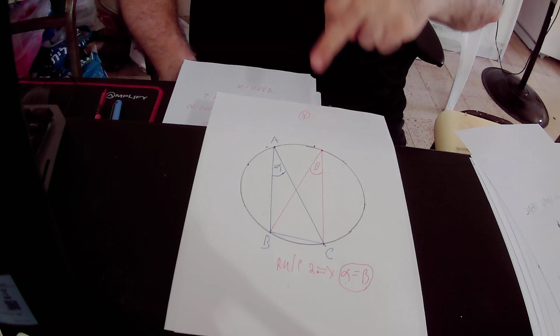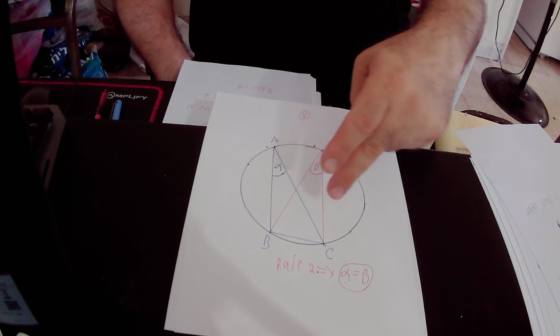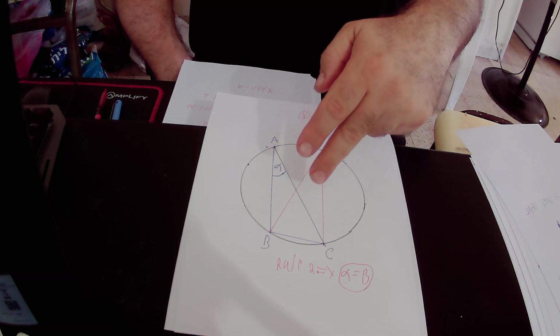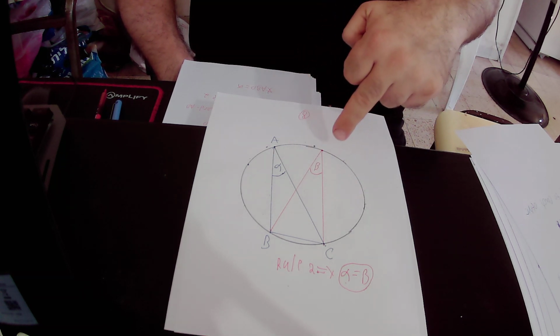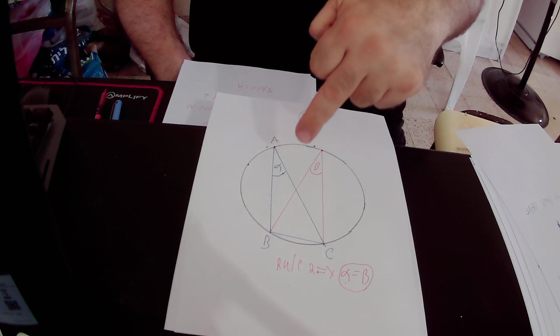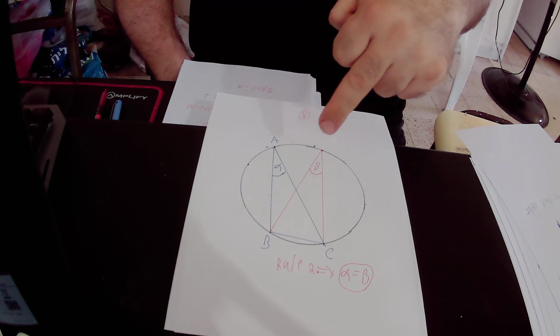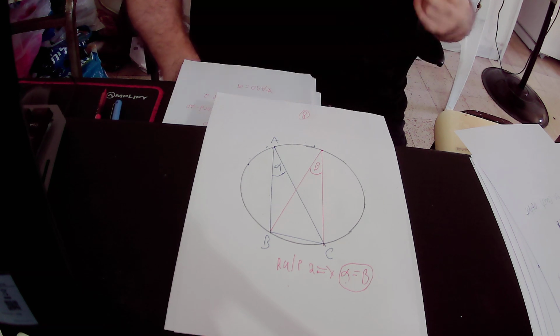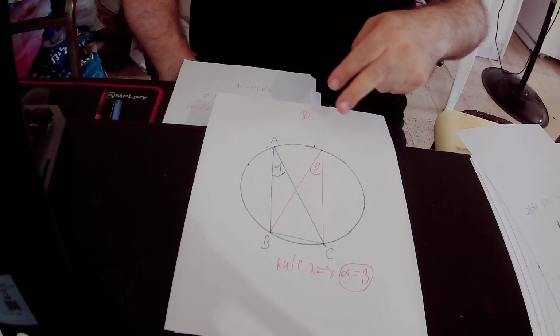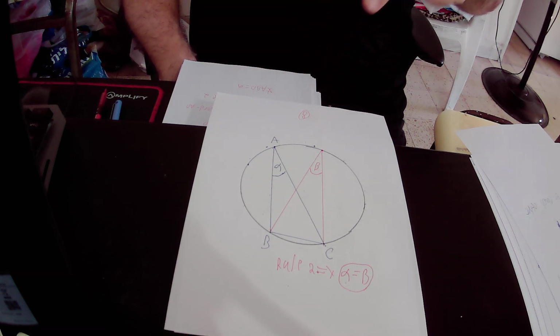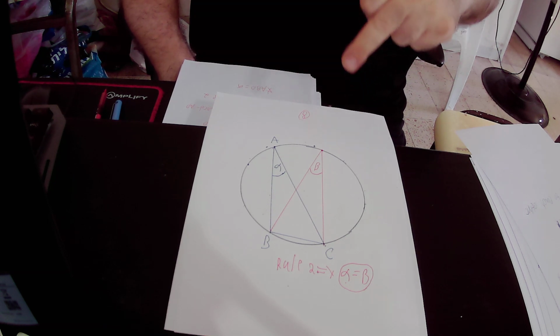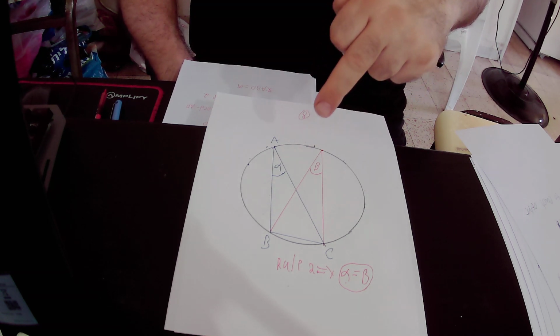So if alpha and beta rest on the same chord BC, according to rule number 2, they equal each other. That is to say, alpha equals beta because they both rest on the same chord BC.